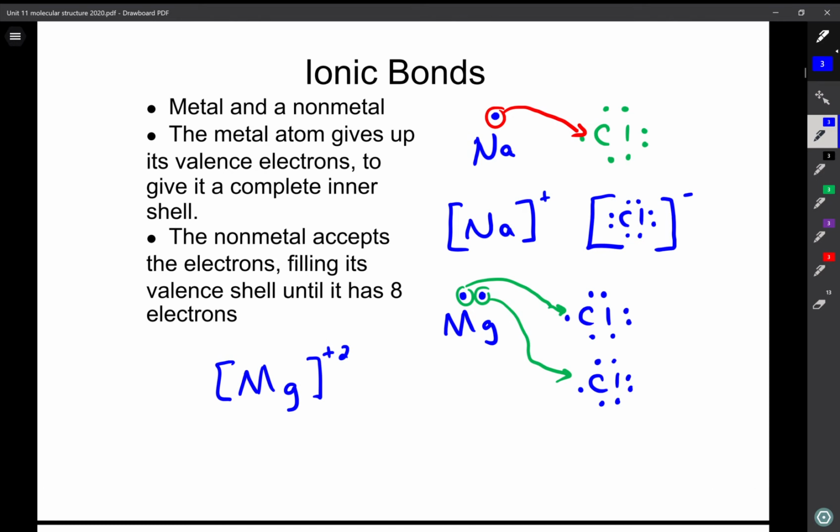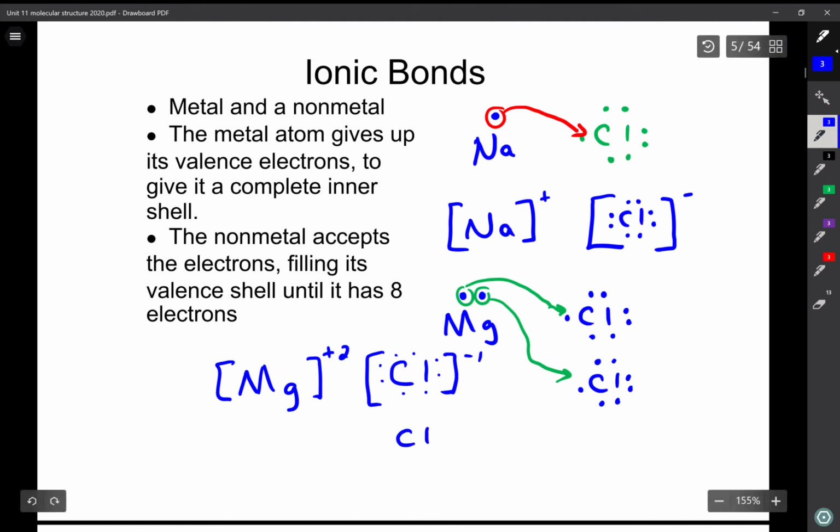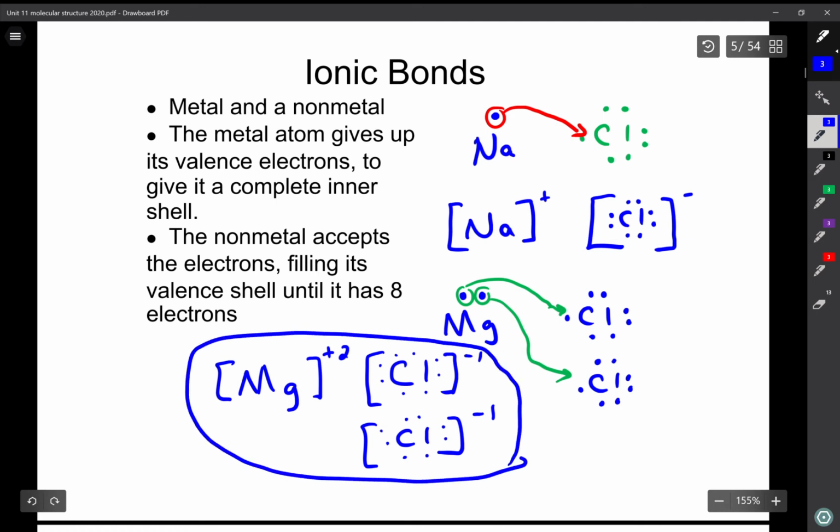And since we have 2 chlorines, I'll write this down, and I'll have a -1 charge. But then also write a second one. So that represents the 1 magnesium ion and the 2 chlorine ions.